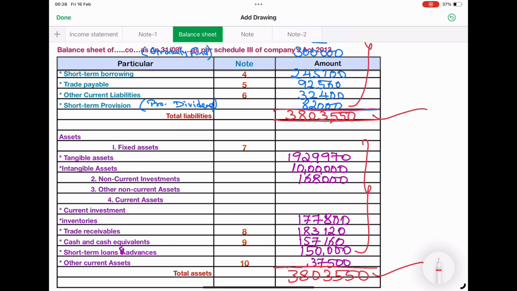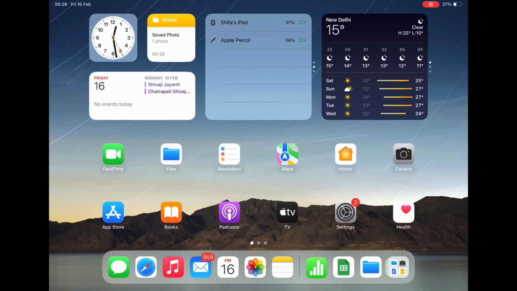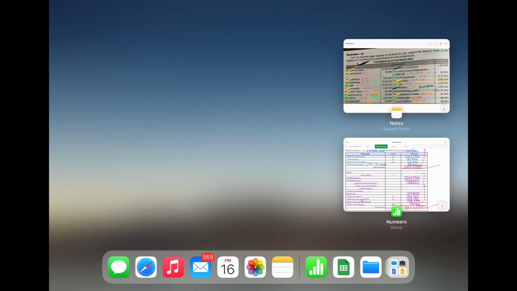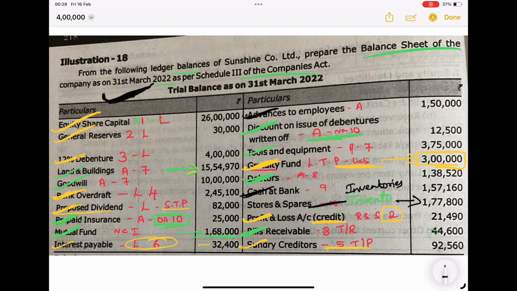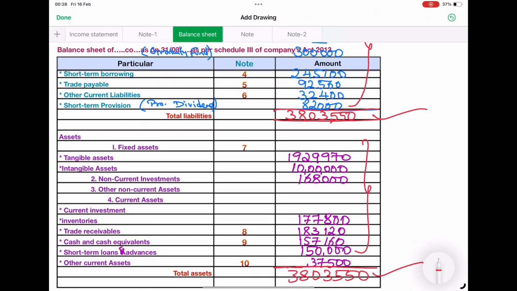So always remember that after solving it, before calculating, once you verify with your questions. How I have done while correcting, right? See, I'll just open my balance sheet and I'll check with my questions. Like that, you have to verify the things, then you can move on to the next procedures.